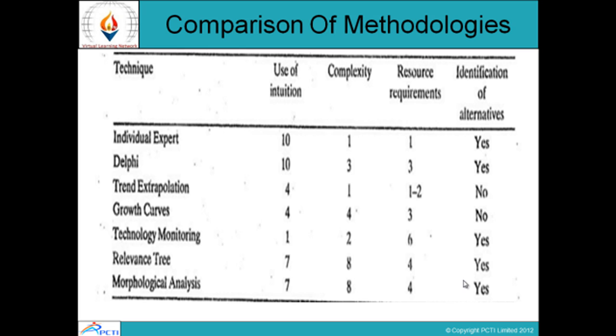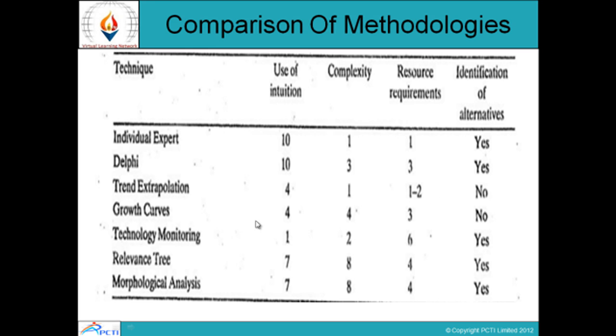Now, this is the comparison of methodologies. Whatever methodologies we just studied, there is a comparison on the basis of use of intuition, complexity, resource requirement, and identification of alternatives. For the Delphi technique, intuition is 100% used, complexity is 3, resource requirement is 3, and yes, it has alternatives. In trend extrapolation, there was no alternative, intuition is less, complexity is less, and resource requirement is 1 to 2.